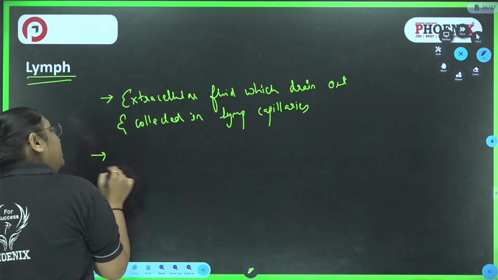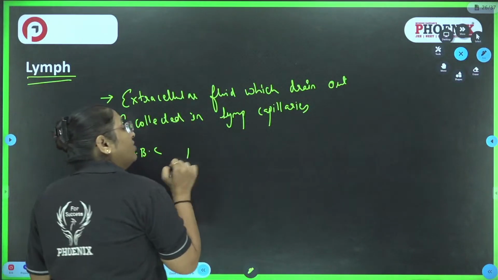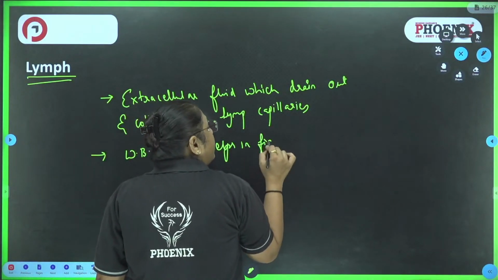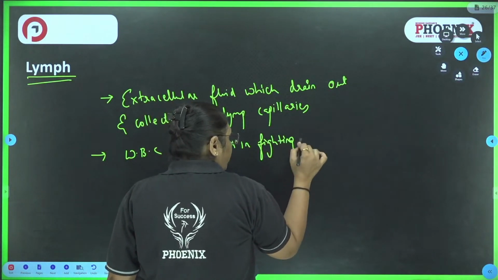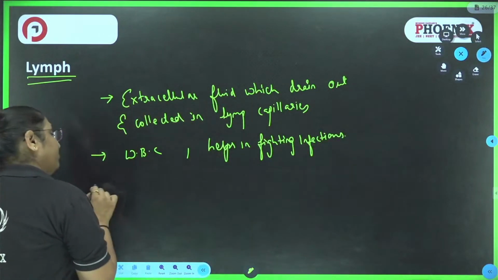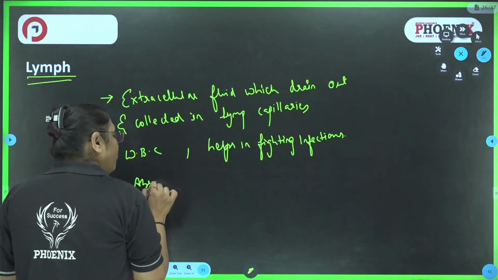Lymph also contains WBC, thus its function is helping in fighting infections. Lymph also helps in absorption of fats.